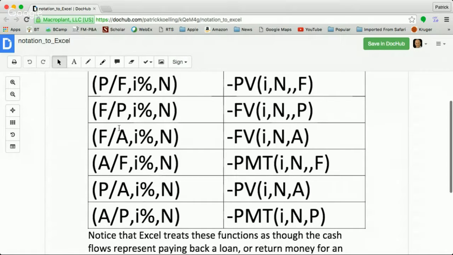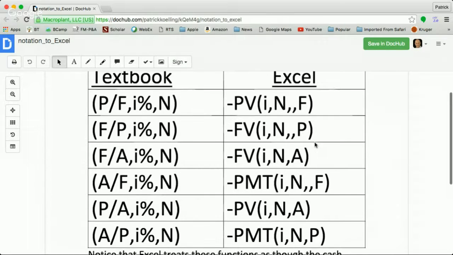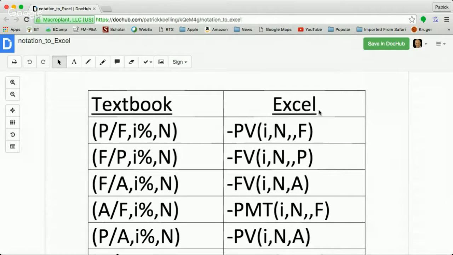On the left-hand column is the notation that you'll see primarily in the book. The right-hand column represents, and I've got it labeled Excel, but it's really any spreadsheet, a conversion from what you need with respect to the textbook function factor to the Excel function. And this would be the equivalent Excel function you want to use if you would use this textbook notation on the left.